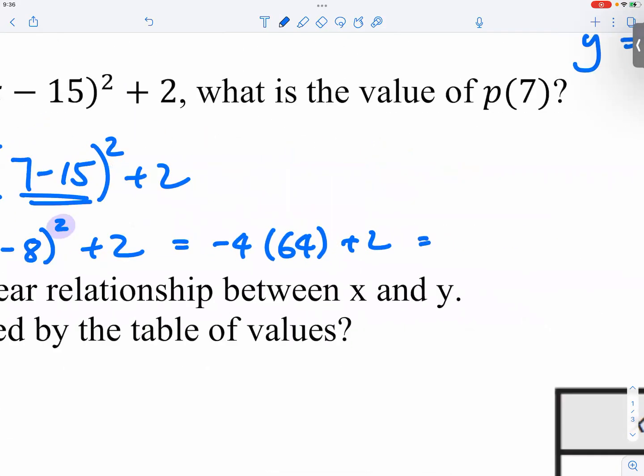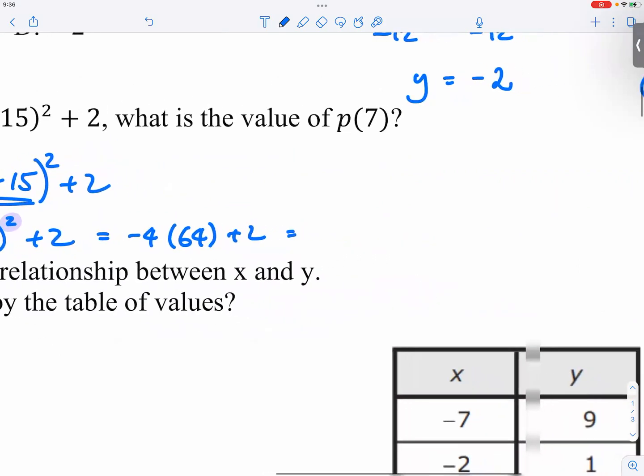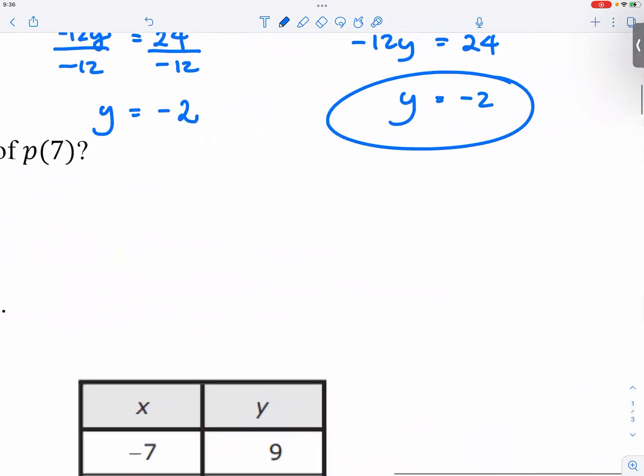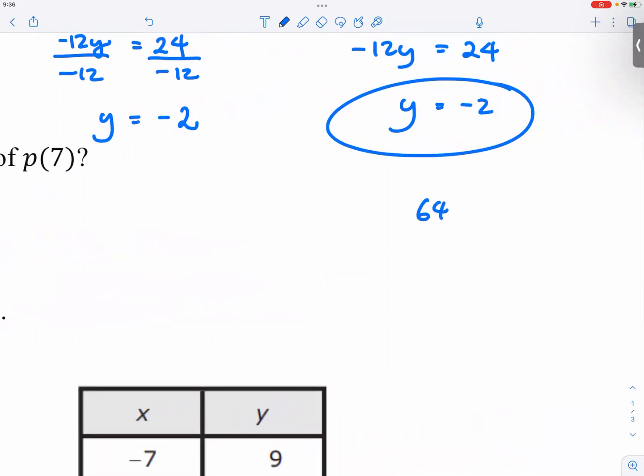All right, so 64 times 4. Ooh, 64 times 4. Is it hard to do mentally or on paper? All right, so let me teach you a way to do it faster. Okay, now on the side, you can do this. So 64 times 4, right? Would you agree that 64 times 4 is the same thing as 64 times 2 and then times 2? Would you agree?